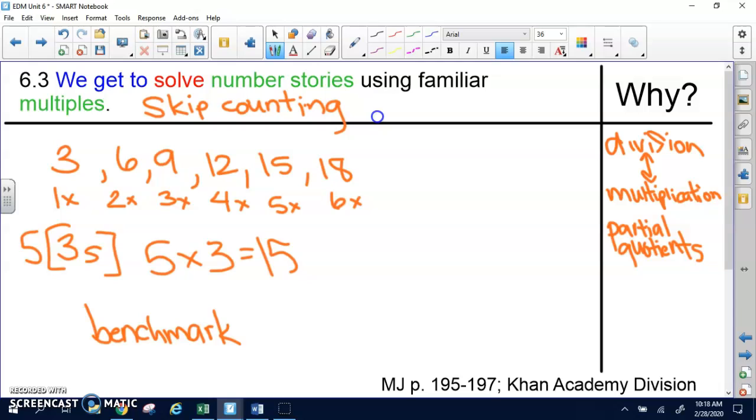She knew that because she's been memorizing her multiplication facts, right? So that's what these time tests are for, by the way. When you start to have this memorization of these multiplication facts, you start to build several different benchmark numbers in your head where you don't have to do all this 3, 6, 9, 12, 15.